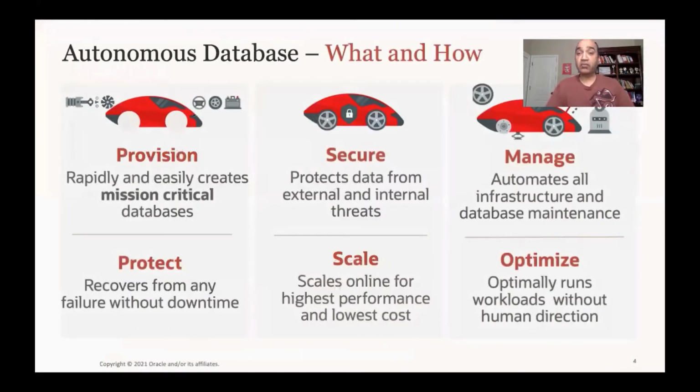So I'm hoping most of you who are here today are already familiar with the Autonomous Database and have attended one of the earlier sessions that talks specifically about what Autonomous offers. But in a nutshell, Autonomous is a service that automates most administrative aspects of the database and database management.